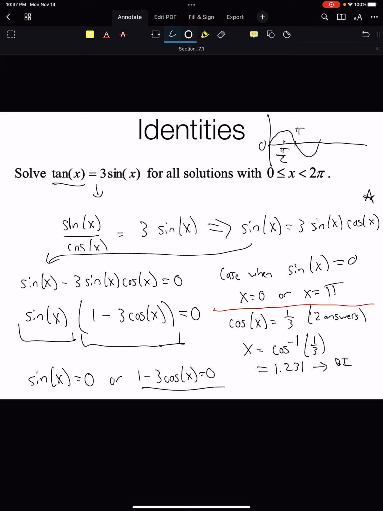So we found our first quadrant answer just doing cosine inverse of 1/3. Okay, and that gets us 1.231. But I also need an answer in the fourth quadrant. And so to do that, it's going to have a reference angle of 1.231. And so what I want to do is the other answer.